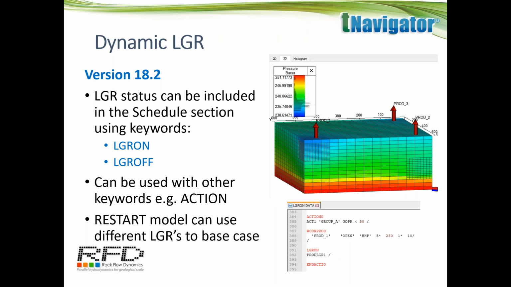For example, if you wish to analyze in more detail any thermal effects, condensate banking, water, gas coning, etc. So those effects which do not happen from the beginning of the lifetime of your reservoir and hence do not require a detailed LGR from the start of simulation. So you can also find various other useful applications for these keywords.